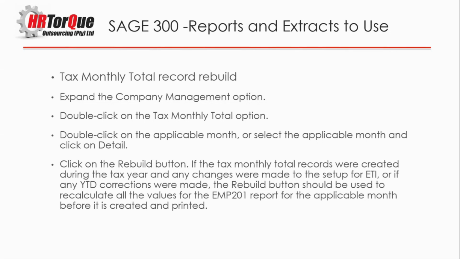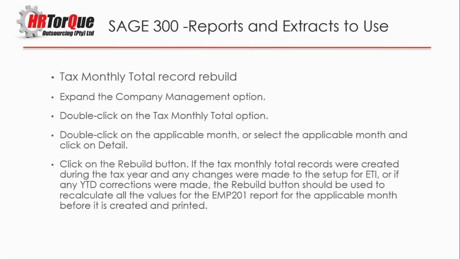Go and create a new one, select the applicable month and the applicable PAYE reference number, and go and rebuild those. If for whatever reason you have made some sort of change to your ETR, to somebody's tax, you've done a year-to-date correction, whatever the situation may be, you need to recreate the month in which that correction was done.